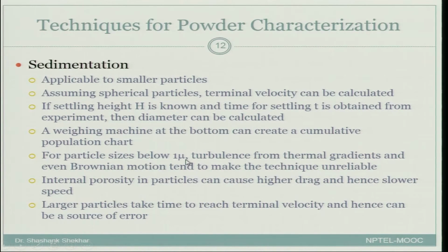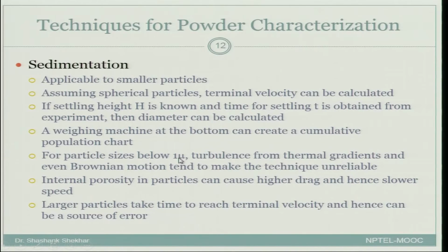On the other side, we have the upper end, basically the larger size. You will not be able to use it for very large particle size. When the particle size becomes very large, the Reynolds number starts to influence the overall settling of the particles. So far we have been assuming that it is the viscosity which determines the settling and it is quick, but if the particle size is very large, there will be two things happening.